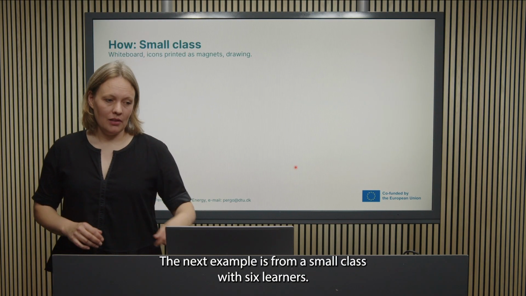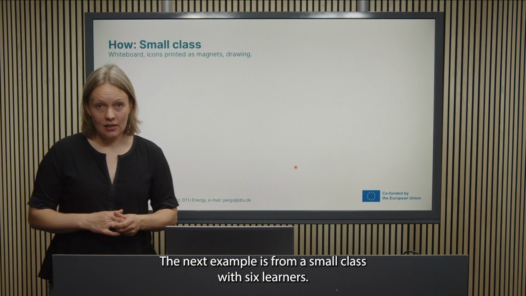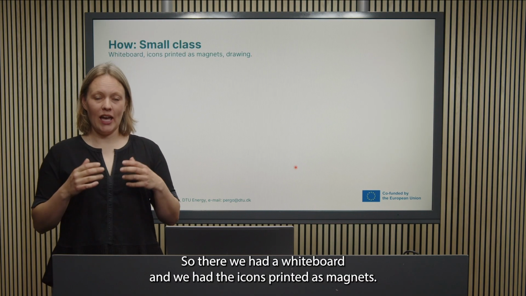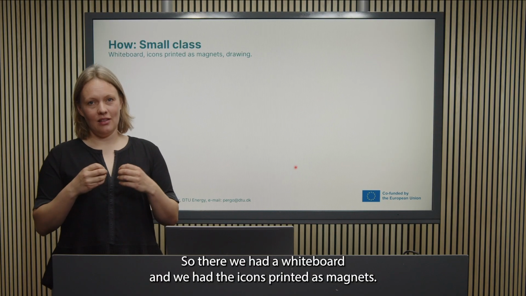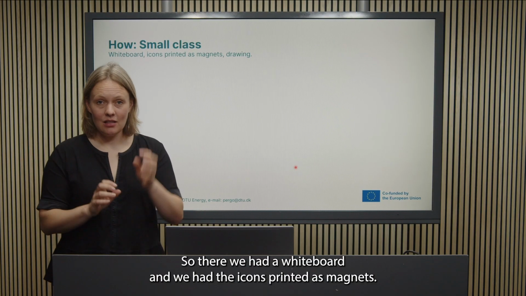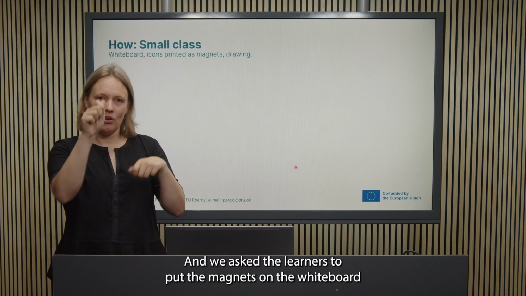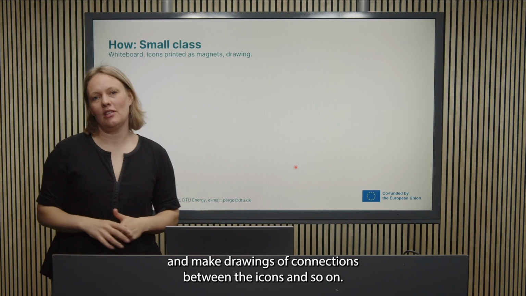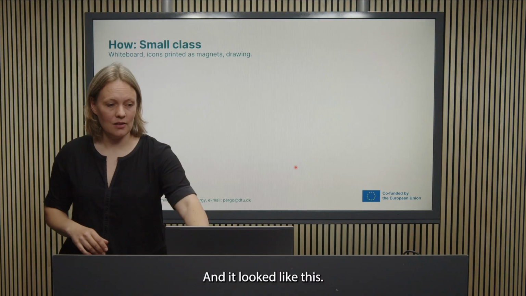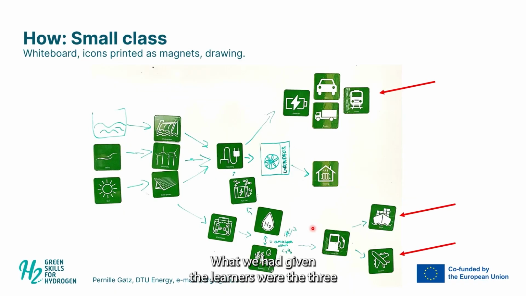The next example is from a small class with 6 learners. So there we had a whiteboard and we had the icons printed as magnets, and we asked the learners to put the magnets on the whiteboard and make drawings of connections between the icons and so on. And it looked like this. What we had given the learners were the 3 applications: train, ship, and aviation.